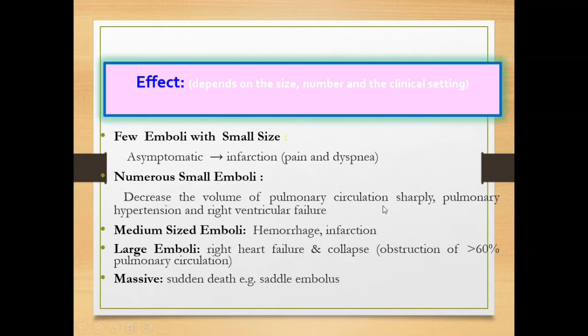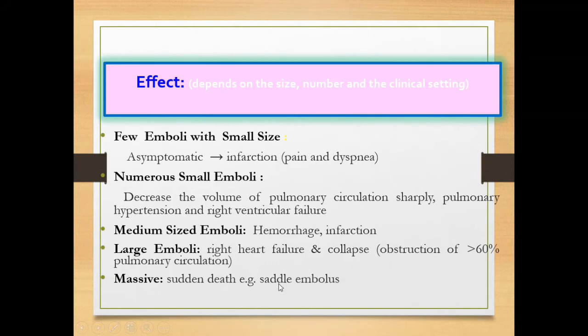Pulmonary hypertension and right ventricular failure can occur. Medium-sized emboli can cause hemorrhage and infarction. Large emboli can cause right heart failure, collapse, and obstruction of 60% of pulmonary circulation. Massive emboli can cause sudden death, such as a saddle embolus.